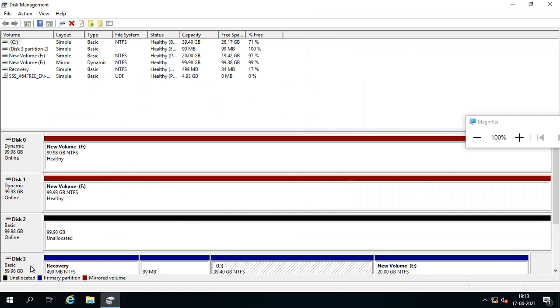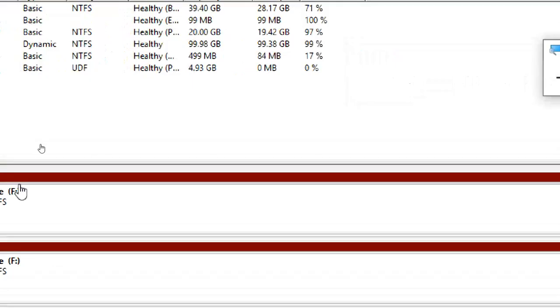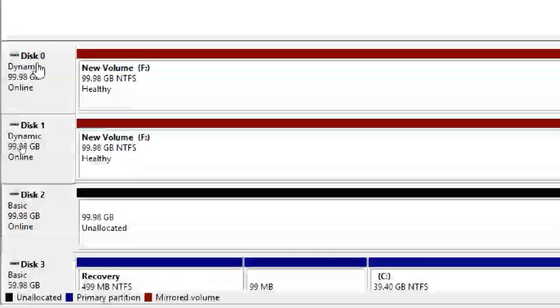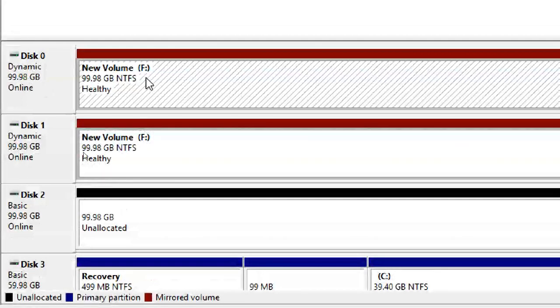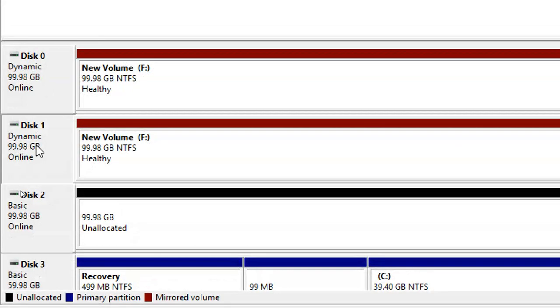Now everything has changed from here to here. F drive, these are error states.